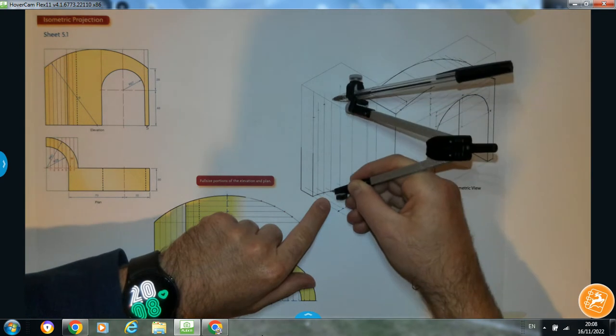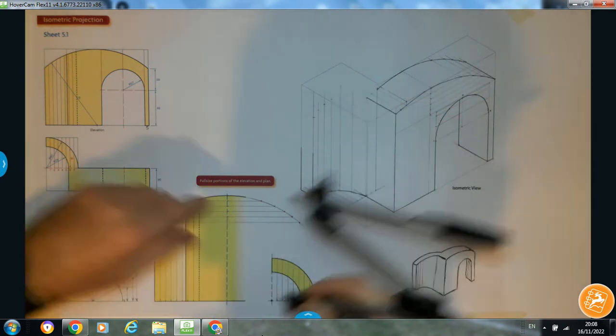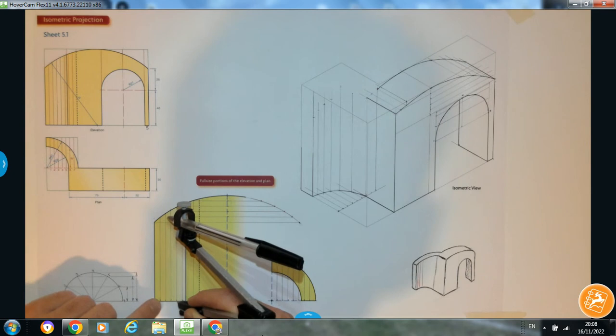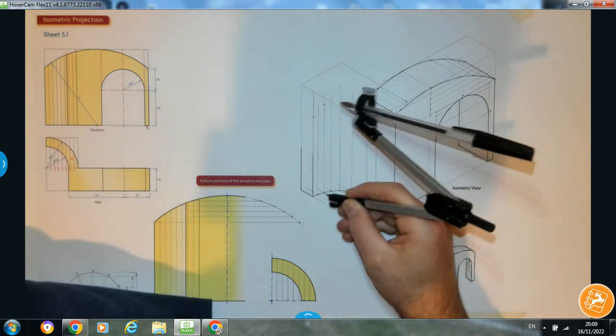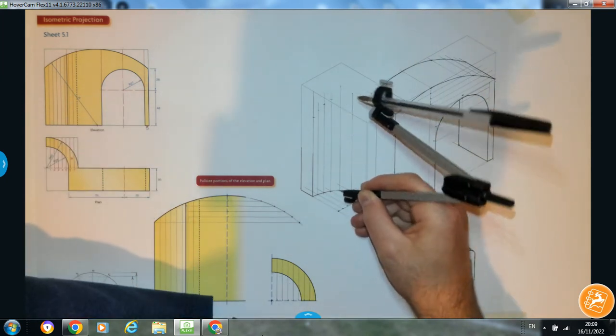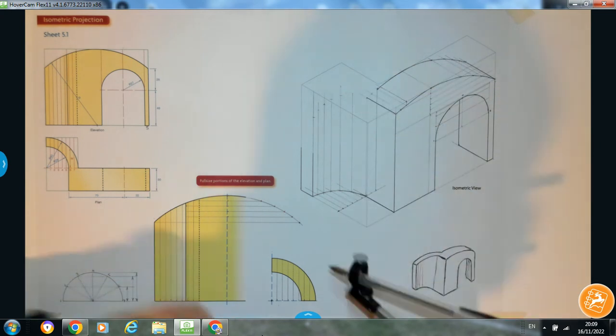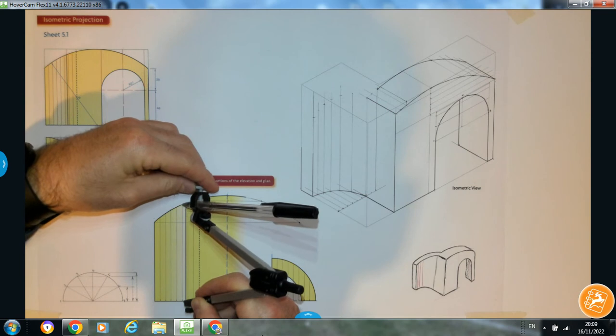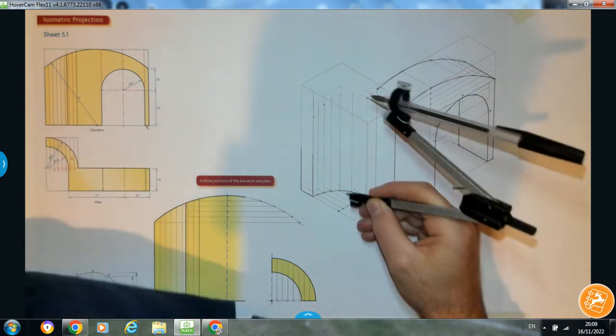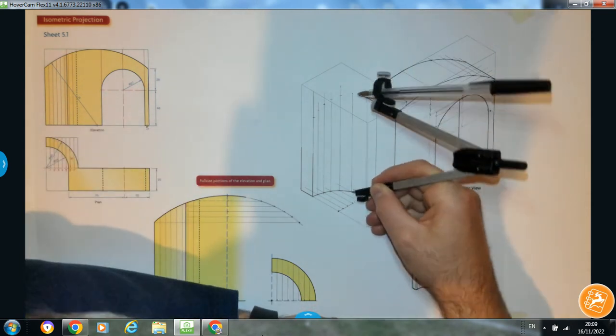Fourth one in, mark it. On to the fifth one. So 1, 2, 3, 4, 5. Just don't get confused. 3, 4, 5. And then finally the sixth one. There we go. And the sixth one is here.